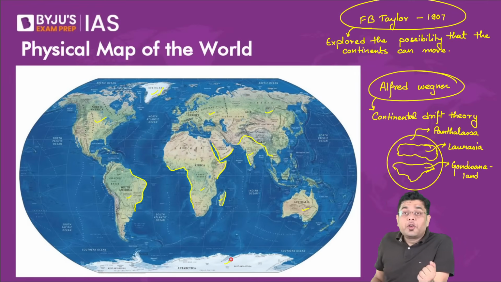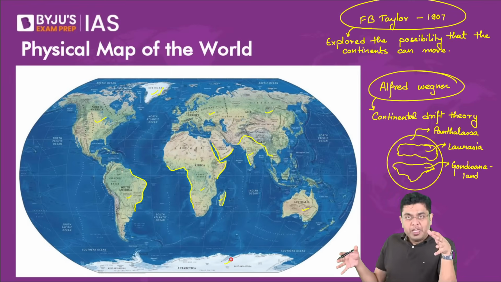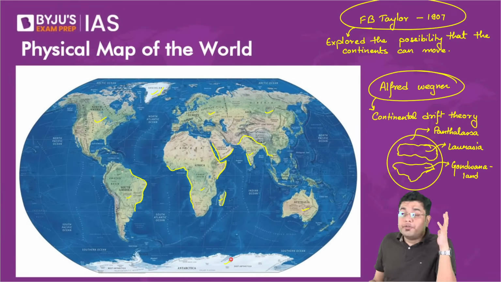In fact, it was not only rejected, but Wagner was ridiculed across the entirety of the geographical community. All the geographers were divided into two schools. One believed in the drift of the continents, and the other believed that the drift is simply not possible.